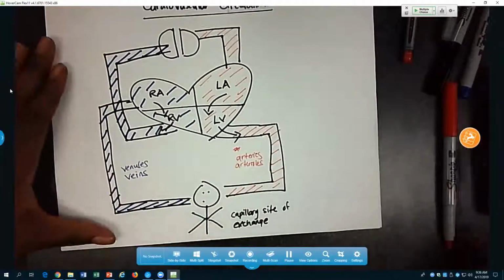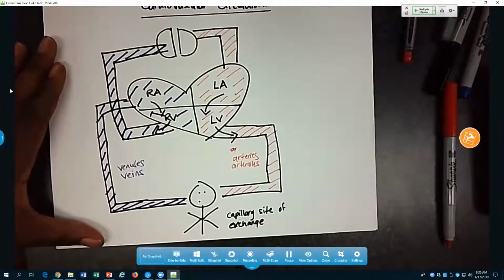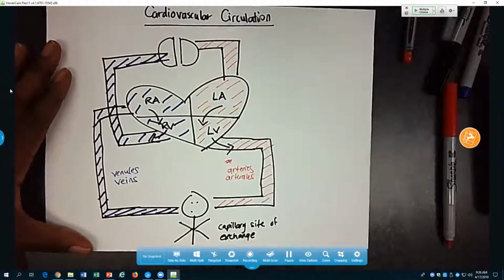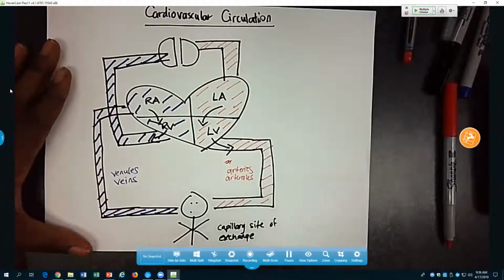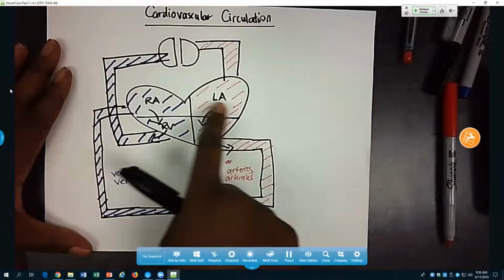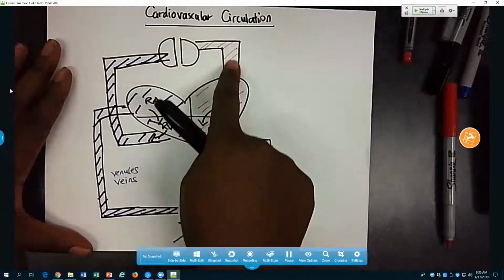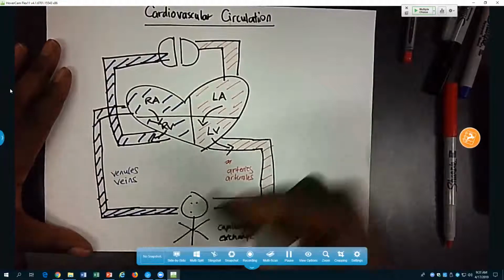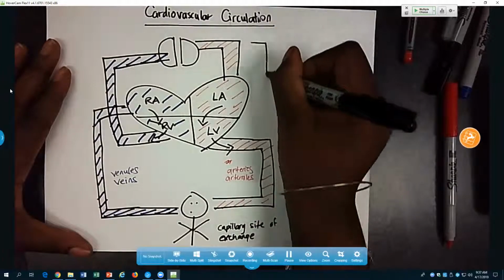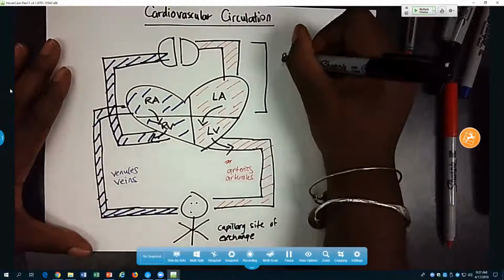Now what we want to also distinguish here is the pulmonary circulation and the systemic circulation. So the pulmonary circulation comprises both atria, as well as the vessels that are leaving the heart. So this entire region here is your pulmonary circulation.